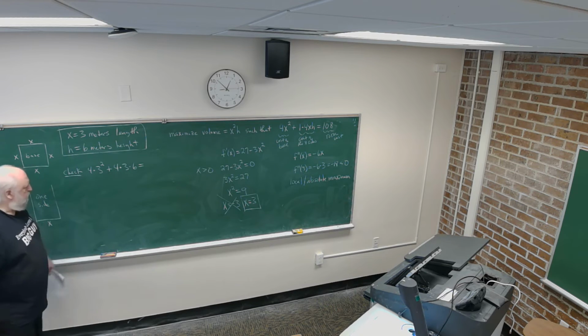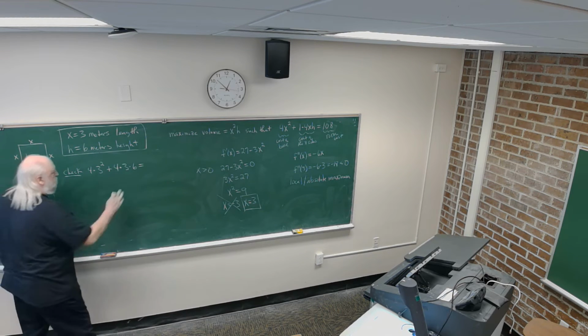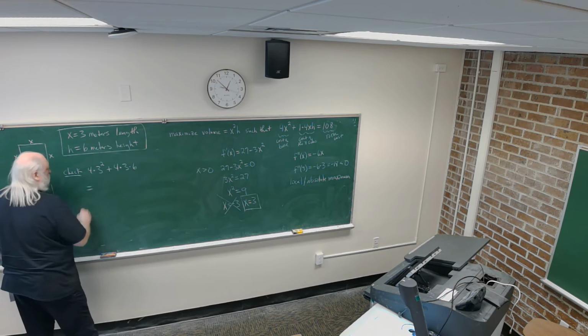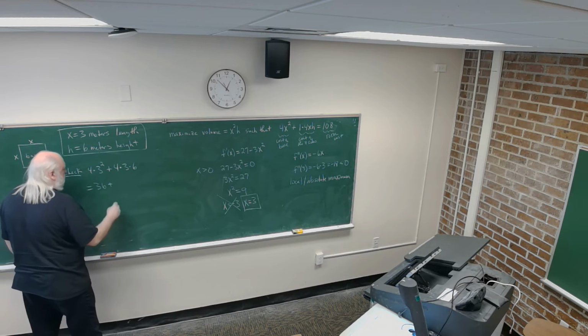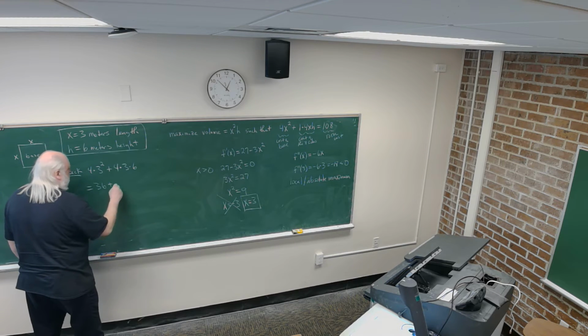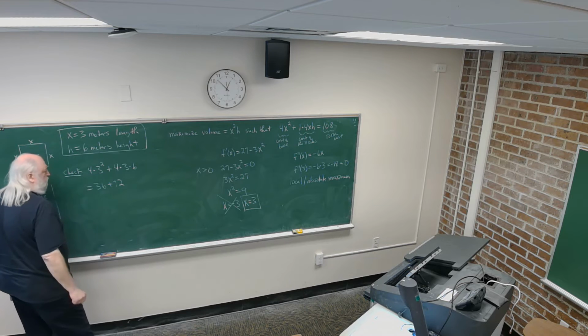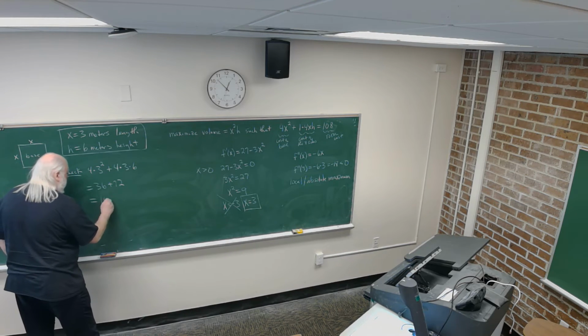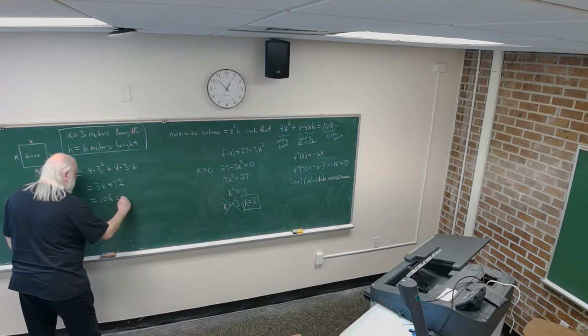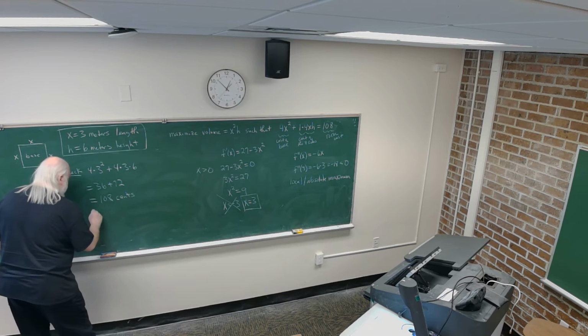Now when you do the arithmetic, 4 times 3 squared is 36, and 4 times 3 times 6 is 72. Yep. And 36 plus 72 is equal to 108 cents, which is equal to $1.08.